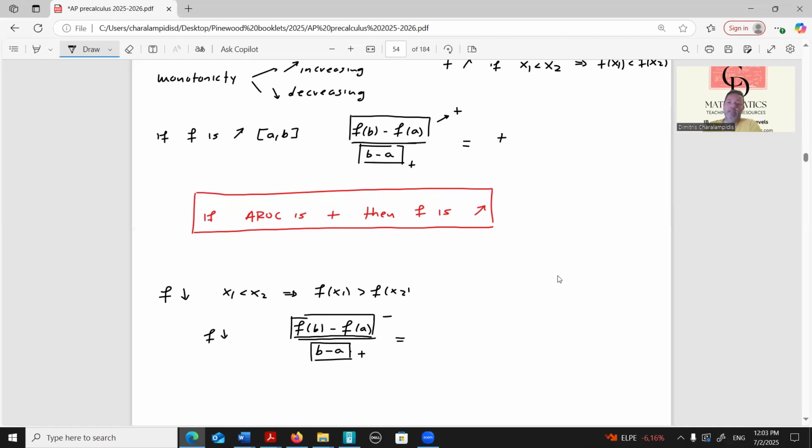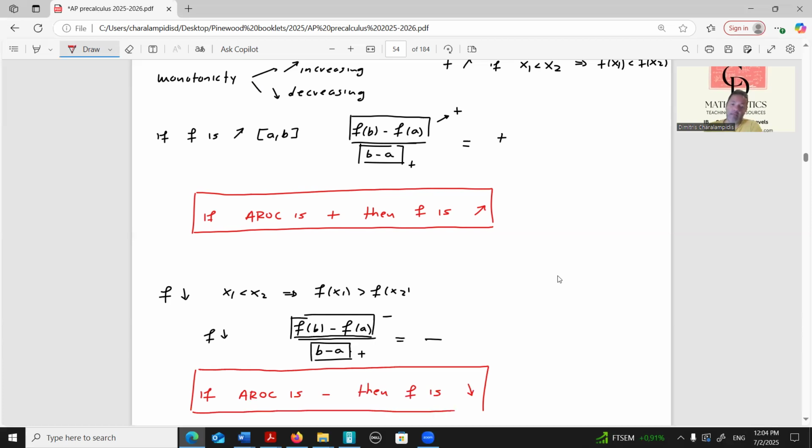So we have a fraction of 2 different sign quantities, which means that the fraction itself would be negative. Therefore, the second statement is that if the average rate of change is negative, then f is decreasing.